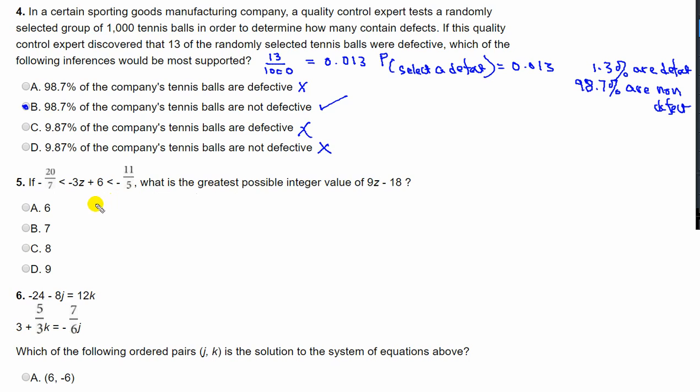Now we started off with minus 20 over 7 less than minus 3z plus 6, less than minus 11 over 5. Okay, now let's see.